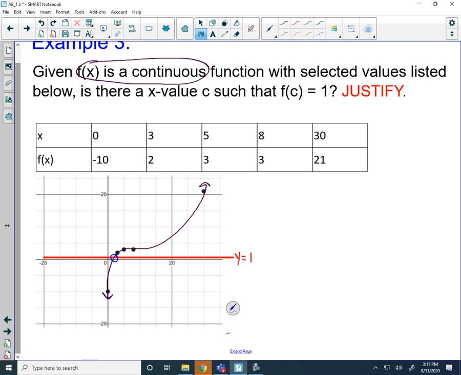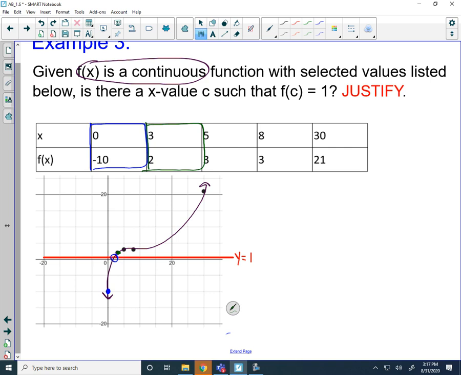So think about it. What 2 points is that circle in between? It's in between this point, which comes from here on our table, and this point, which comes from here on our table. So we know that there's some x value c such that if we plug it into the function, we get 1 back.